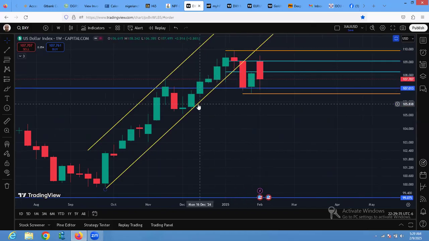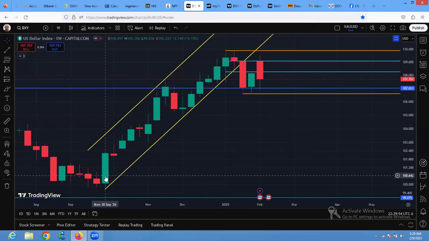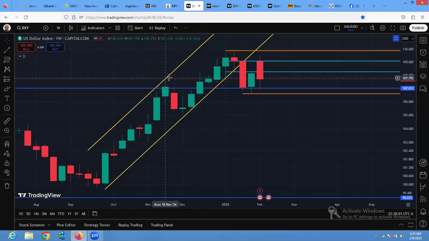And we will need, of course, to break out of this fourth wave here for us to know that we are completely out. But then we had seen a breakout of the fourth wave within this zone of the fifth wave itself. It's like we saw a 1, a 2, a 3, a 4, and a 5. So this is the third wave, this is the fourth wave, and this is the fifth wave.